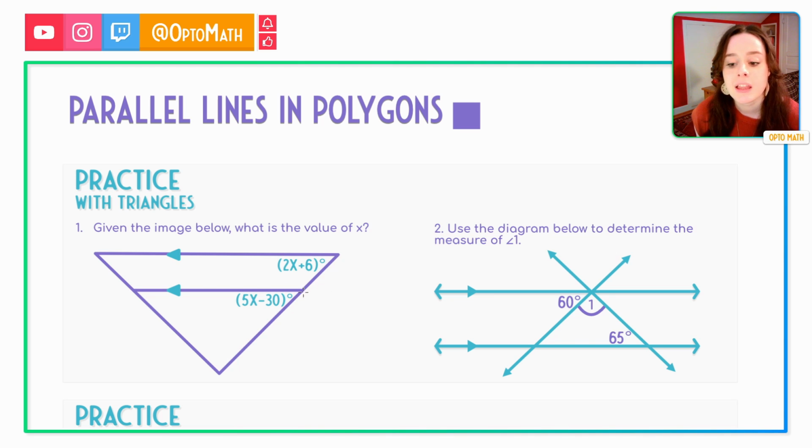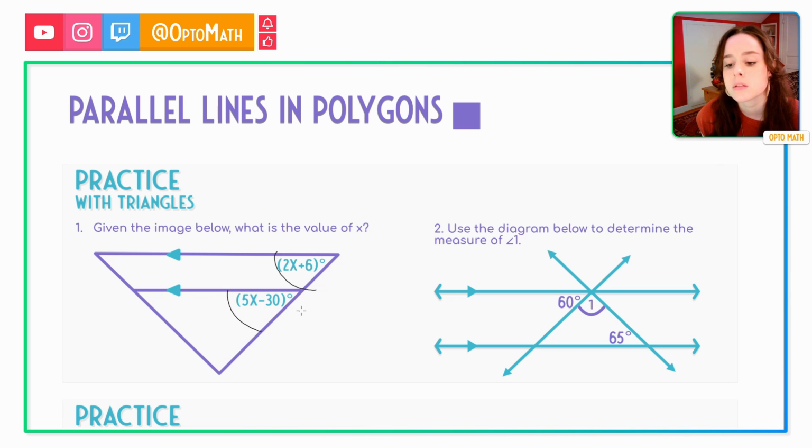And I like to think about this as taking an image, like on Google Docs or Google Slides, and if you extend it, it's going to get bigger in size, but the angles are not going to change, and that's what's happening here. So we'll learn later that these are similar triangles, and furthermore, they're dilations of each other. So that's a little bit extra info there, but we know that these are congruent angles.